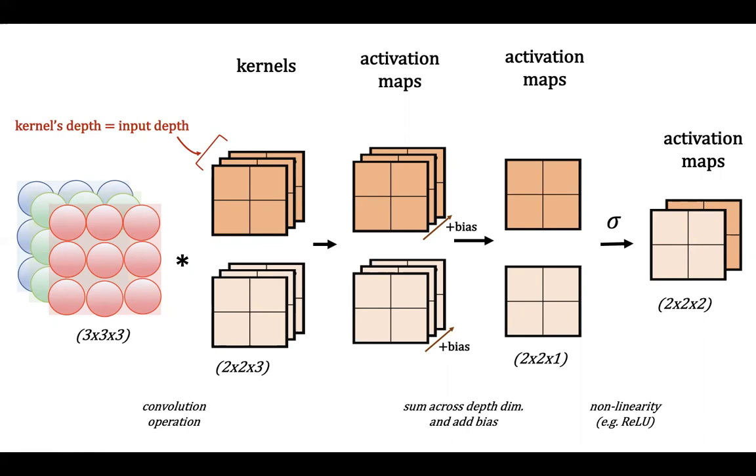So how do we perform convolution in this case, where we have many channels? We perform convolution with the corresponding channels of the input and kernel. For example, we take the first channel of the input, the red one, and we take the first channel of the kernel, and we put it on top of the red channel.